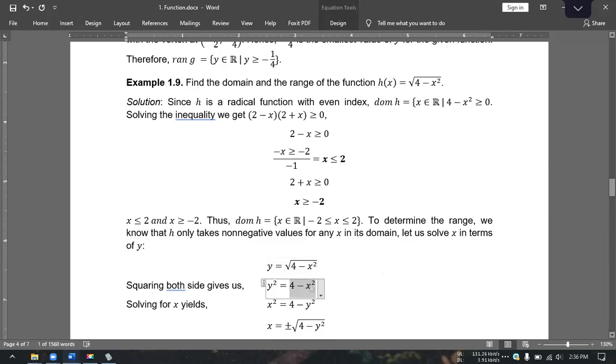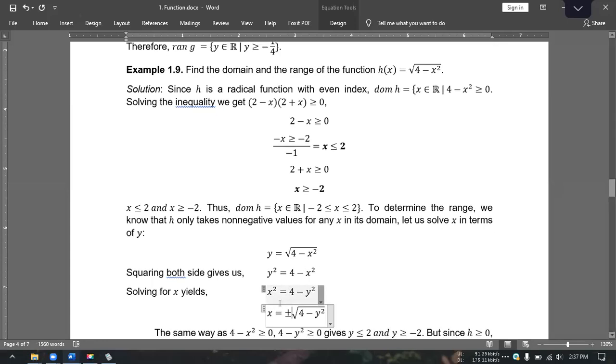Kasi square of a square root will result to the radicand or the expression inside the radical sign. And then isolating the x variable. So we have now x squared, and then ilipat din natin si y to the other side of the equation, giving us x squared is equal to 4 minus y squared.